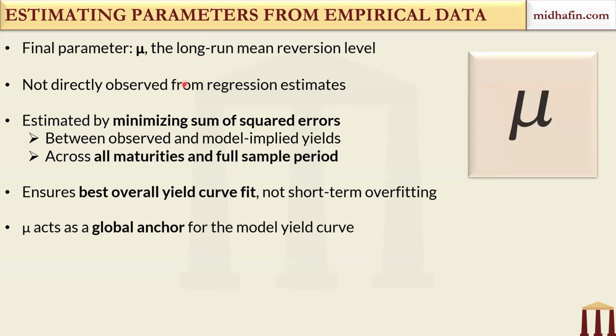Now, unlike the speed of mean reversion or volatility, mu is not directly observable from regression slopes or short-term dynamics. So we have to take a structural approach. We estimate mu by minimizing the sum of squared errors, SSE, which we discussed earlier, between the observed market yields and model implied yields across all maturities and the entire sample.